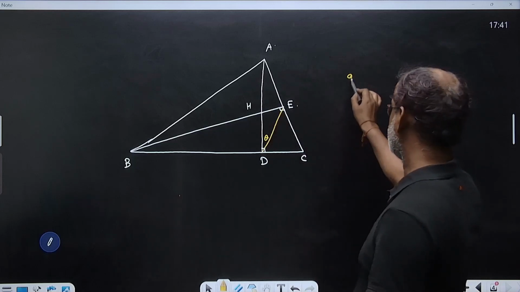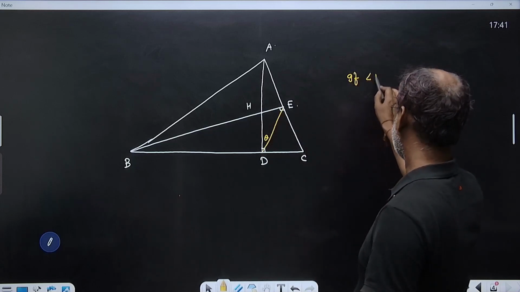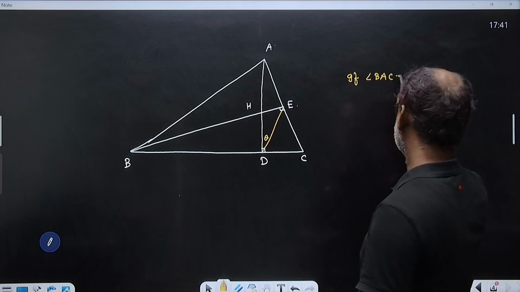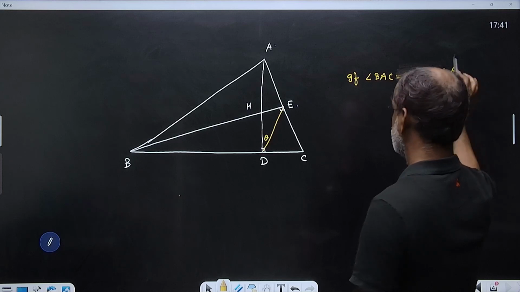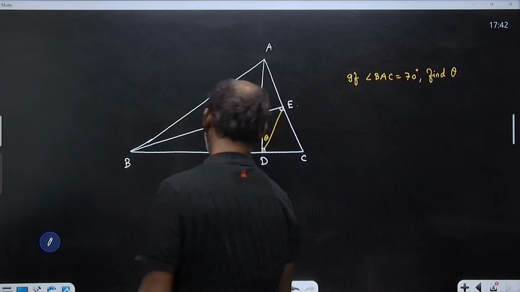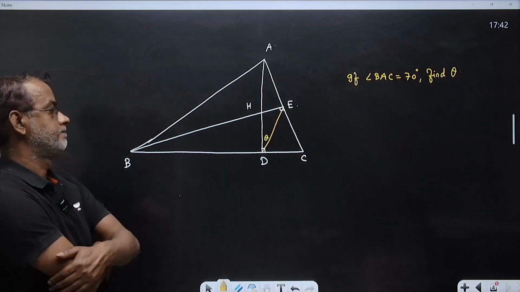If angle BAC is 70 degree, find theta. Okay, find angle AD.